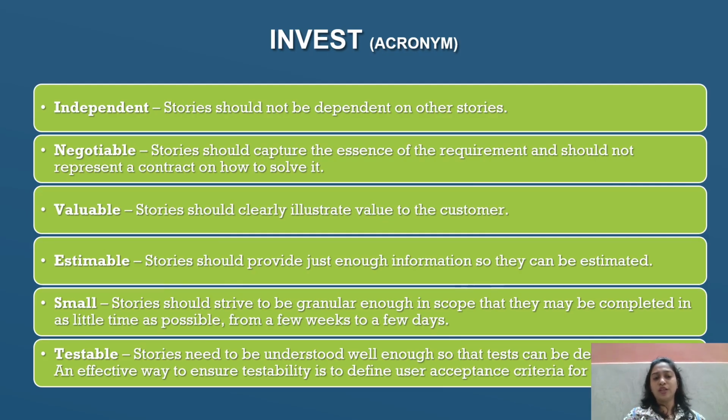Exact estimation we can get. Small: stories should strive to be granular enough in scope that they may be completed in as little time as possible, from a few weeks to a few days or something. Then testable: stories need to be understood well enough so that tests can be defined for them. And an effective way to ensure testability is to define user acceptance criteria for all user stories.